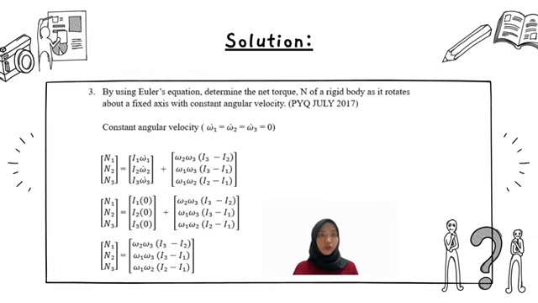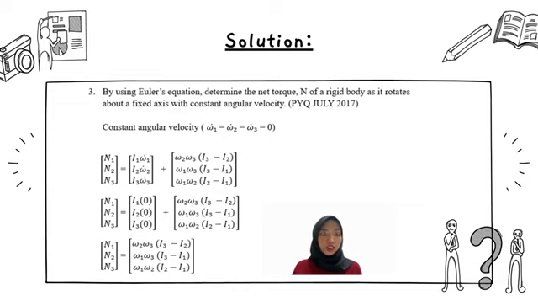For the last one, question 3, to determine the net torque N with a constant angular velocity, for the first step we're using the Euler equation. The Euler equation is N1, N2, and N3 is equal to I1 omega dot 1, I2 omega dot 2, I3 omega dot 3, plus omega 2 omega 3 in bracket I3 minus I2, omega 1 omega 3 in bracket I3 minus I1, omega 1 omega 2 in bracket I2 minus I1.